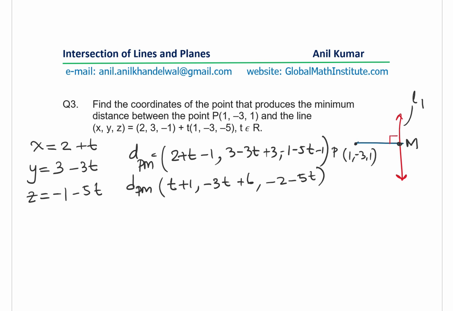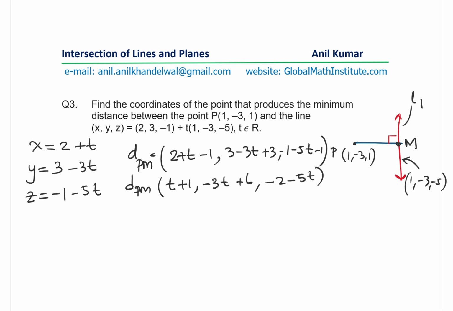So that's the direction, and we know the direction of the line also, which is (1, -3, -5), correct? So these two should be perpendicular, or we can say that the dot product between (t + 1, -3t + 6, -2 - 5t) and the direction of the line, which is (1, -3, -5), should be equal to 0, right?